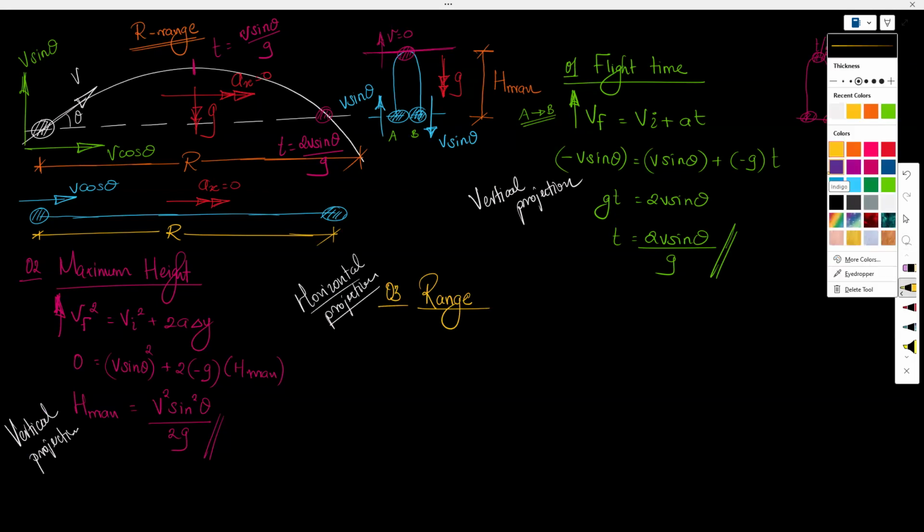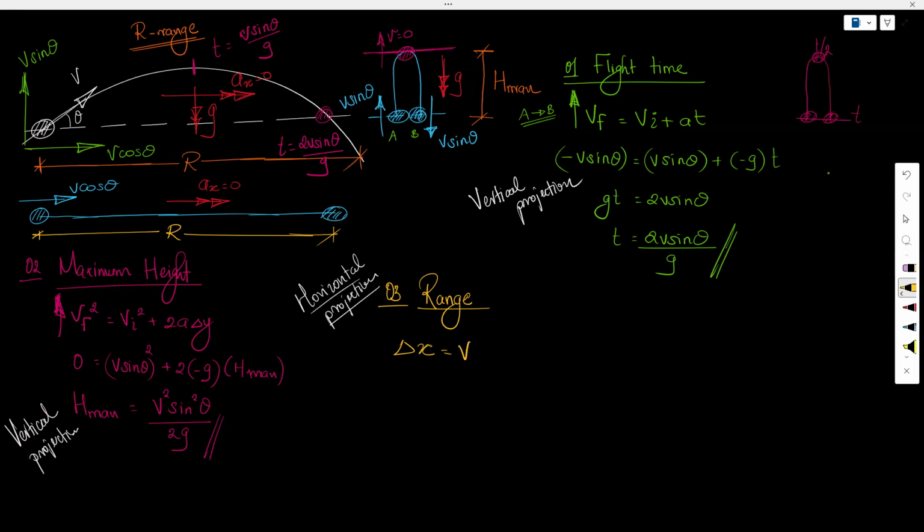I'm going to use this equation, delta x equals v i t plus half a t squared, because I have to relate the displacement to the initial velocity. Since the acceleration in that particular direction is 0, this equation pays off, right? The horizontal displacement is the range, which is R. Initial velocity is v cos theta, and the time it takes is from the very start to the very end, which is 2v sine theta over g.